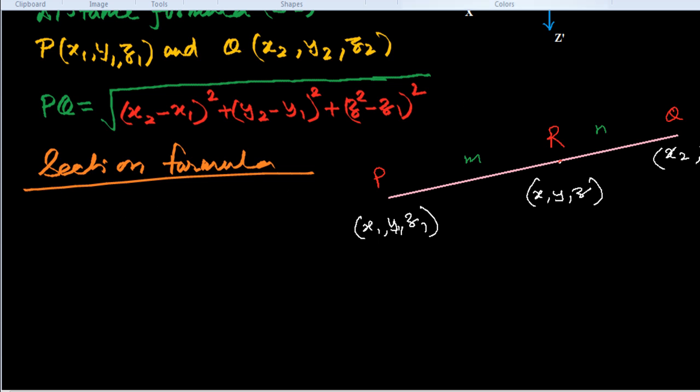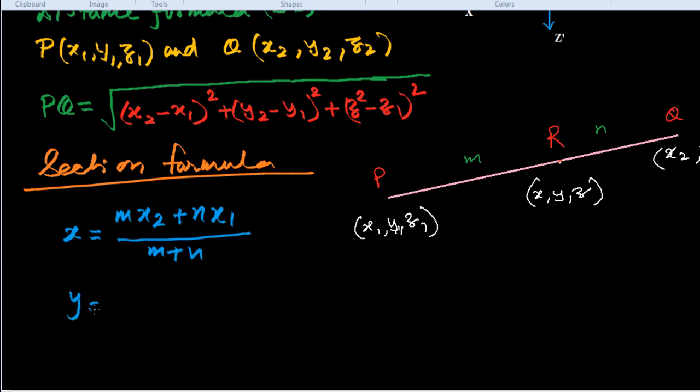We know that x is equal to, in the section formula, if it is internal, dividing PQ in m:n ratio, then m x2 plus n x1 over m plus n.